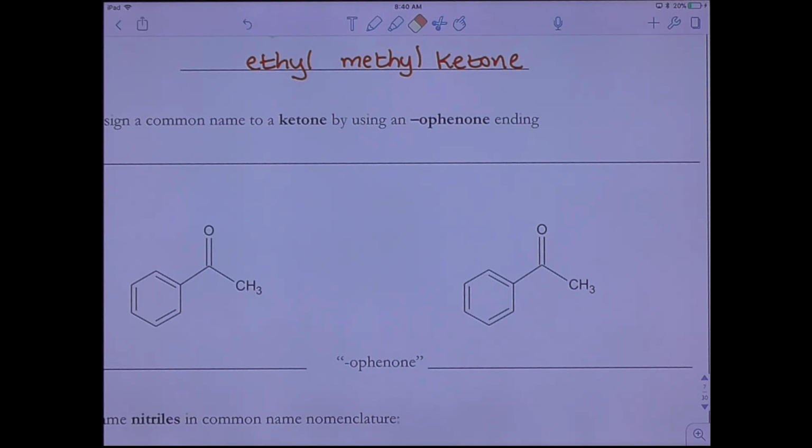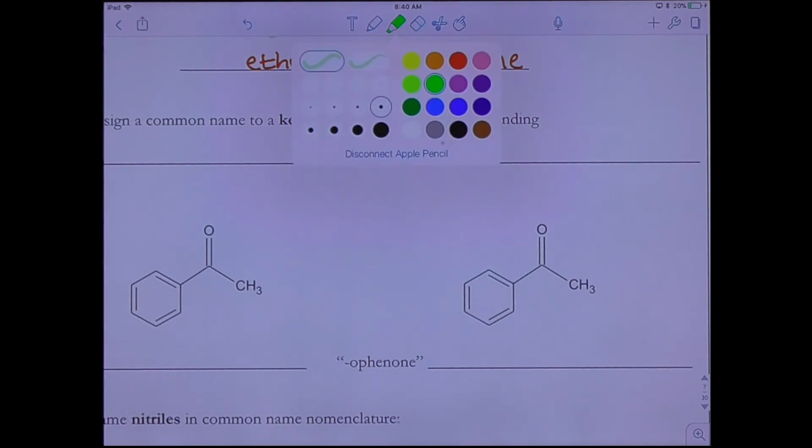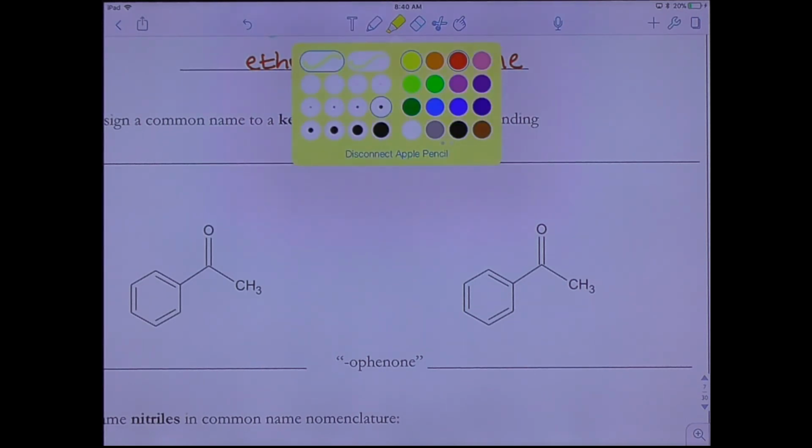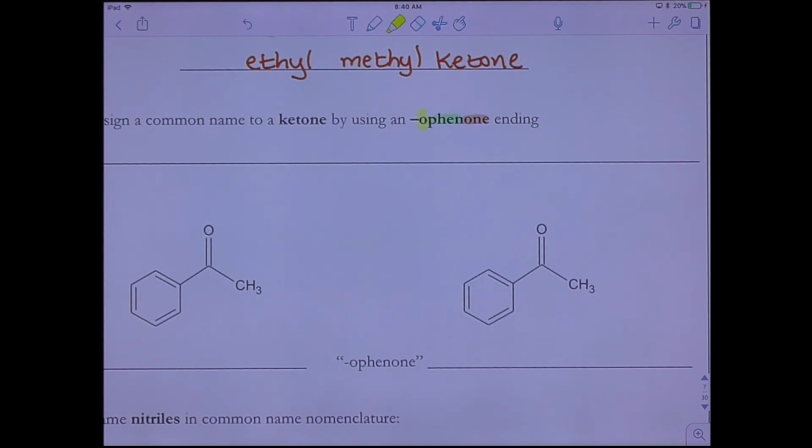And I think that's how you get this ending, because you have phen for phenyl, and then you have one for ketone, and then you have the O in there as an exclamation of surprise, like, oh, phenones. Ugh. That's a pretty good description.